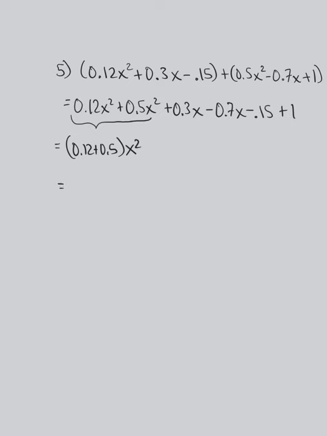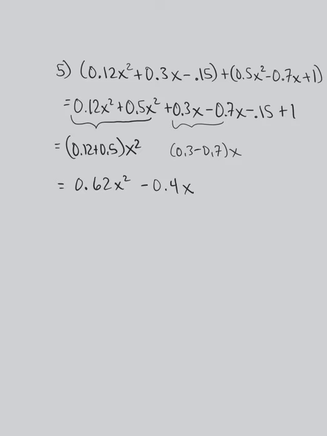All right, and so we get 0.62x squared, okay, like that. And then we have this one right here is 0.3 minus 0.7x. Okay, so on our calculators, if you want to use your calculator, you do 0.3 minus 0.7, and that's going to give you minus 0.4x, like that.